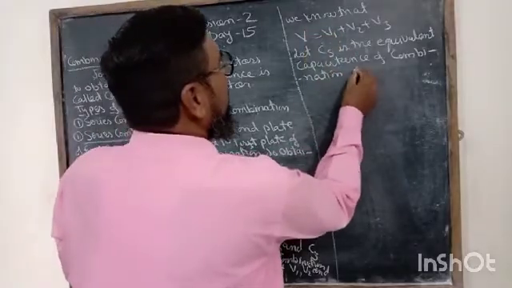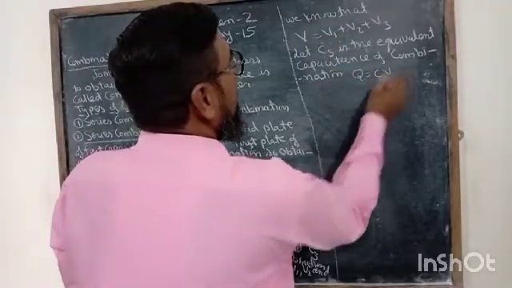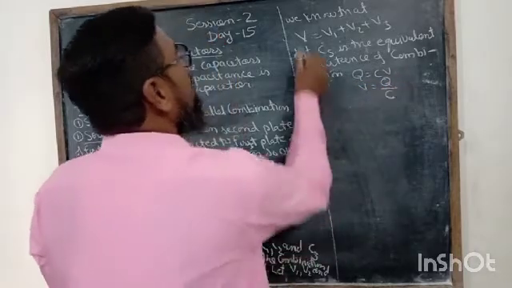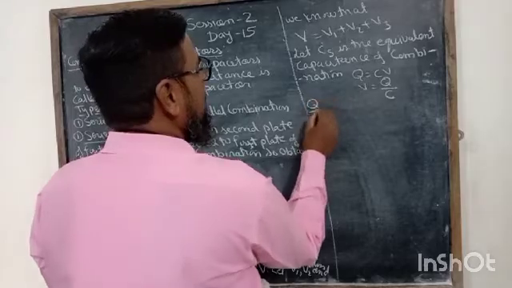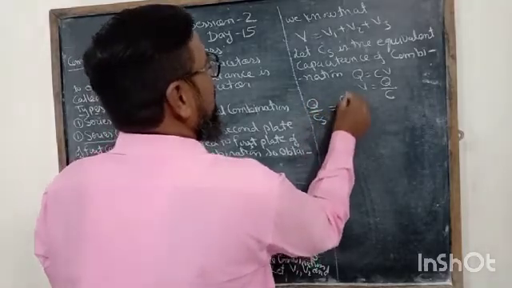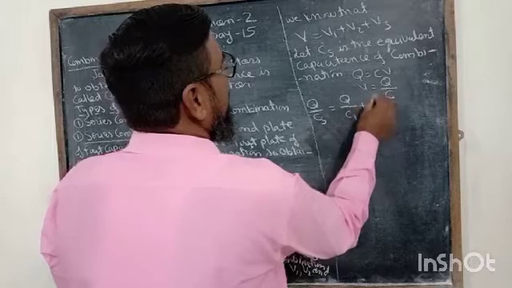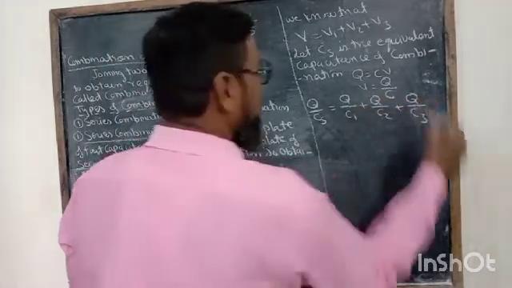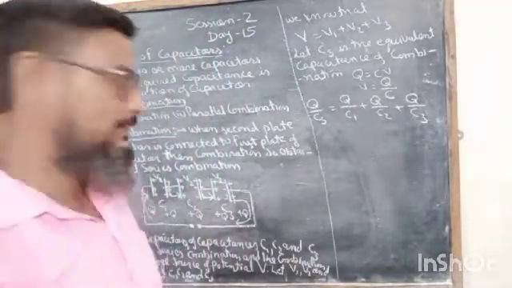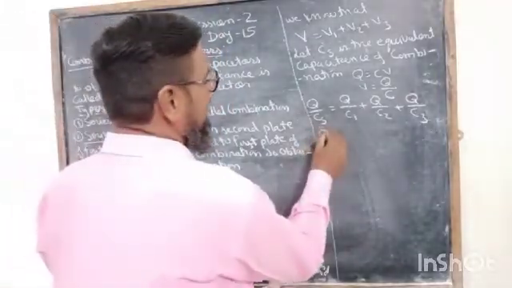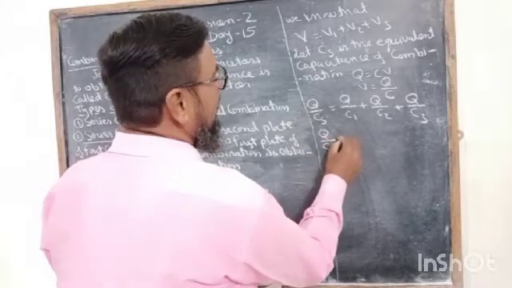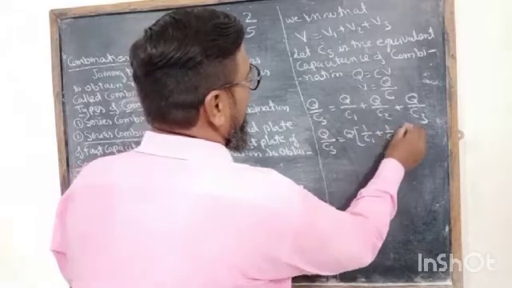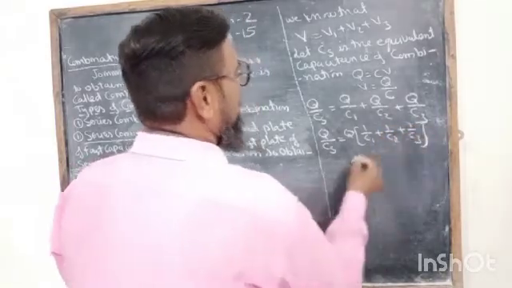And we know that Q is equal to CV, so V is equal to Q by C. So Q upon Cs is equal to Q upon C1 plus Q upon C2 plus Q upon C3. Now Q can be taken as common: Q upon Cs is equal to Q times 1 upon C1 plus 1 upon C2 plus 1 upon C3.